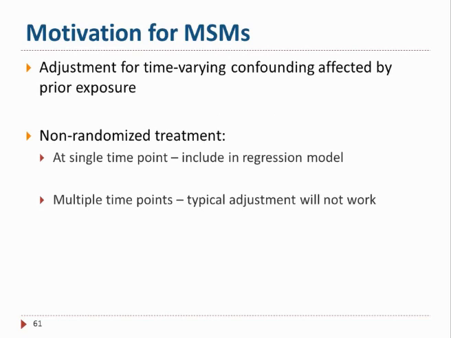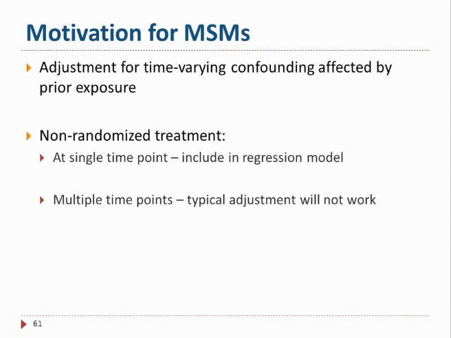And so the motivation for using marginal structural models in causal inference comes from the fact that oftentimes we find that we need to adjust for time-varying confounding affected by prior exposure. And we'll talk about what that means. If we're in a non-randomized treatment setting, at a single time point, we can put it in the regression model if it's a confounder based on what we've talked about before, and we'll be okay.